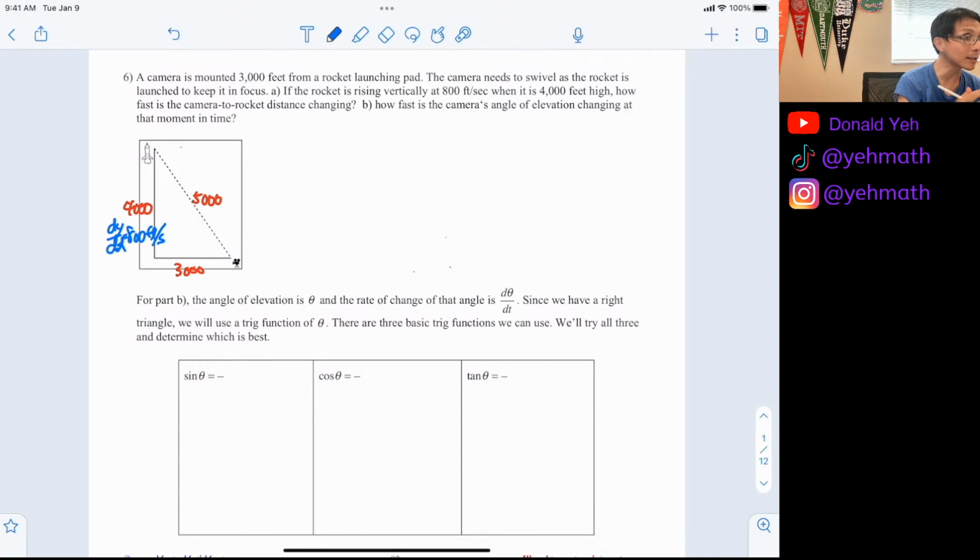Can you imagine the rocket going up? The distance between the rocket and launch pad is moving. Can you imagine the camera and the rocket distance is also increasing? So if you take two pictures, the only thing that doesn't change is 3,000. Does that make sense? Yes.